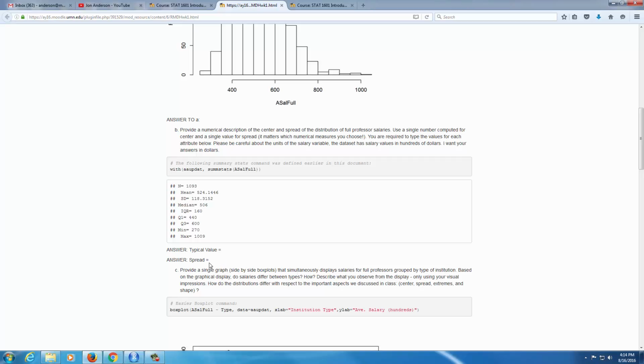Measures of spread should be IQR or standard deviation. You should be able to look at this display and determine which measure should be used, and then you should be able to put the right numerical value right here for the measure of spread.